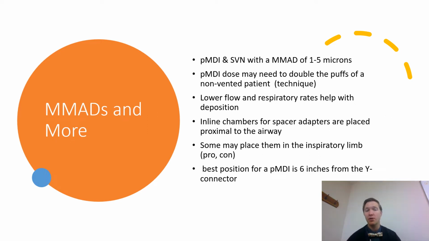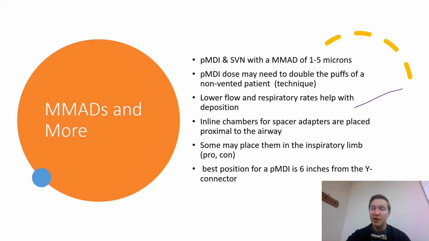So if they're ordered 2 puffs traditionally for spontaneous breathing patients, then with mechanical ventilation patients, they would traditionally double that dose because of the technique. Lower flow and respiratory rates help with deposition. We already talked about that. They'll have longer time constants. Lower flow rates means a longer inspiratory time, less like that SMI technique we were talking about before.